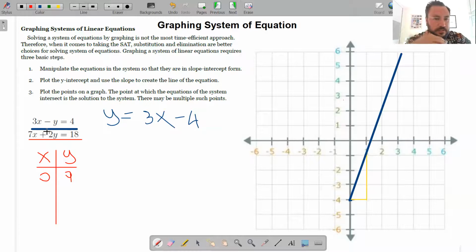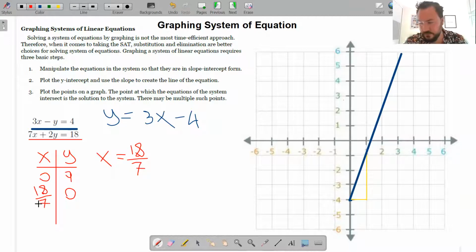That's pretty straightforward. When y is equal to 0, then x will be 18/7. What's 18/7? I don't know, so I'm gonna check it out. 18 divided by 7 is 2.6, something like that.